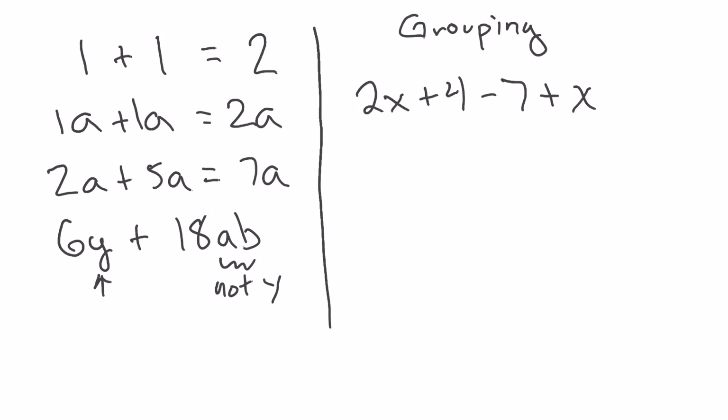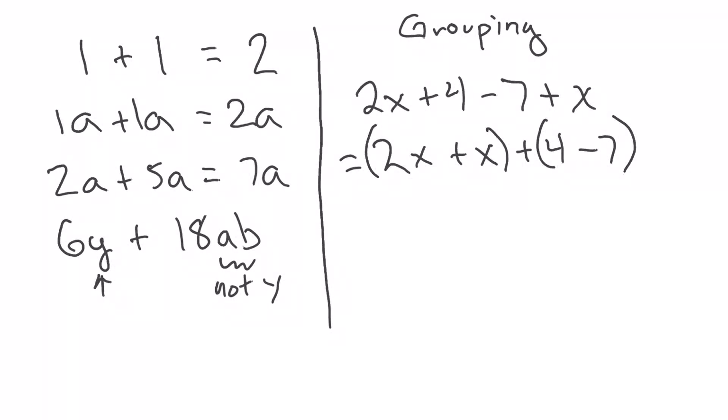I could just go step by step and combine what I can, but what I also can do is change this to 2x plus x and then plus 4 minus 7. Ultimately, I'm grouping the terms that are alike together before I do any simplification. So then I get 3x minus 3. And that's an example of grouping.